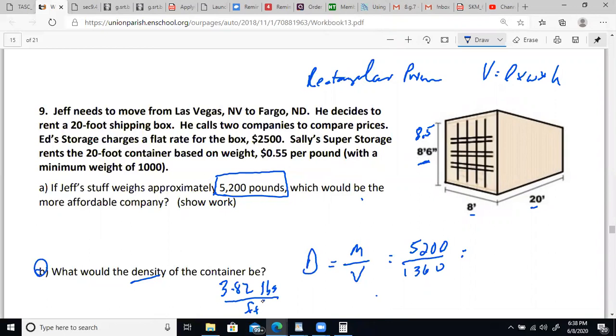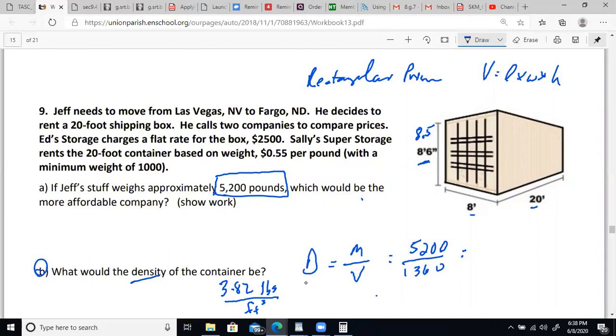They may write it like feet with a cube. 3.82 pounds per cubic foot is the density of the container. So it's pretty jam-packed. For every 1 by 1 by 1 cube, it's going to be 3.82 pounds.